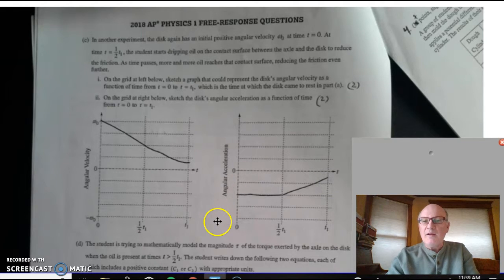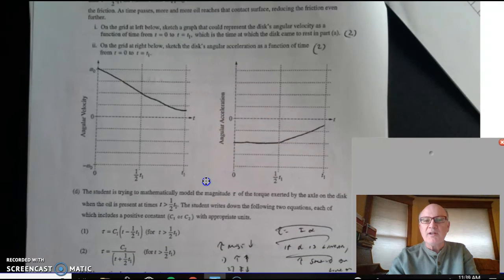Those were 2 points each, and it's really thinking carefully about what you've read and how to interpret that. Less and less friction would mean it would take longer and longer to get to zero velocity.